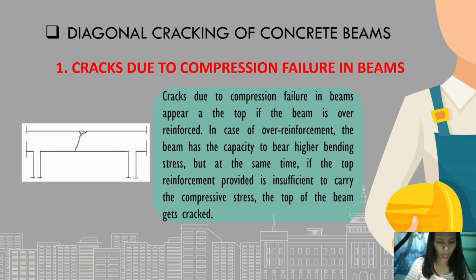But at the same time, if the top reinforcement provided is insufficient to carry the compressive stress, the top of the beam gets cracked. This type of failure can be prevented by designing a balanced section in which the beam in compression is capable of carrying additional compressive stress.